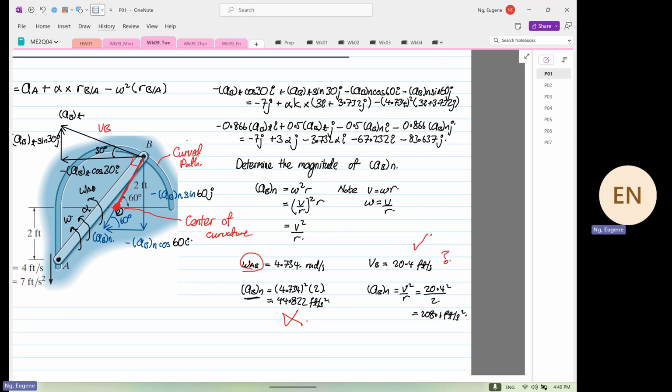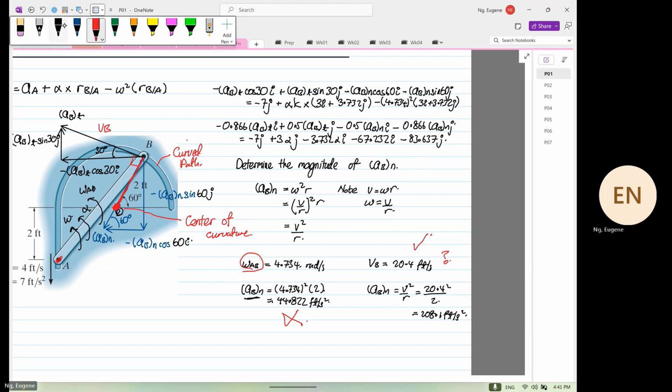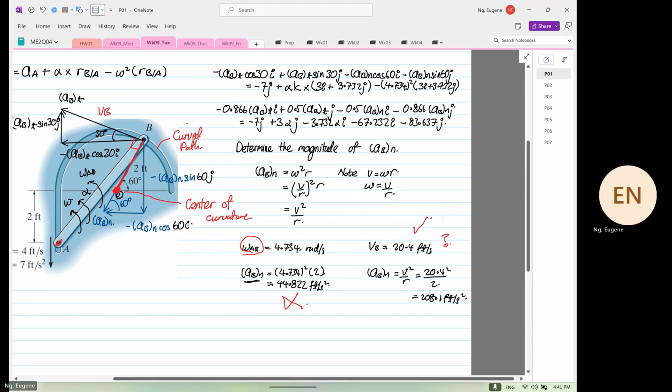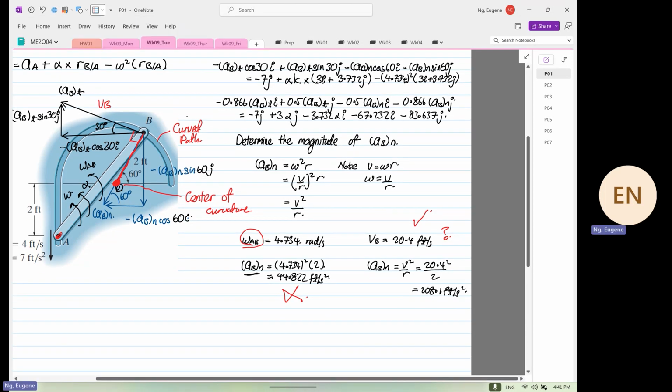Interesting problem, yes or no? Yesterday I told you we always think point A is the radius because it's the arm. You have to be really careful over there. Are we clear?